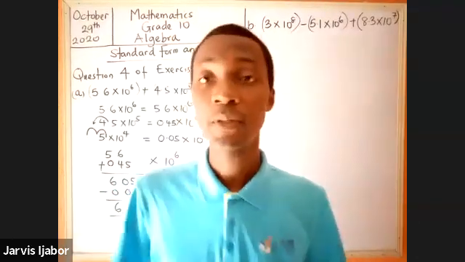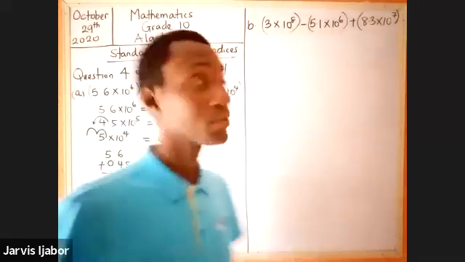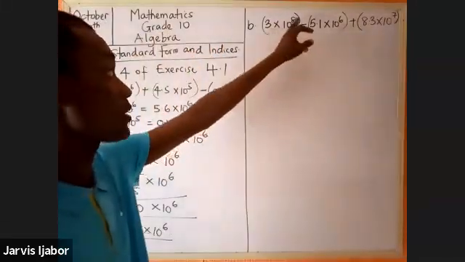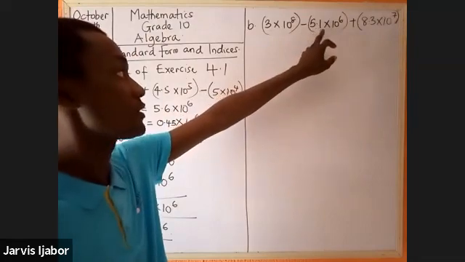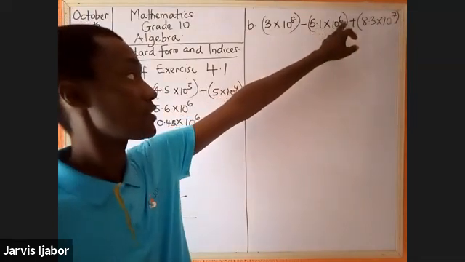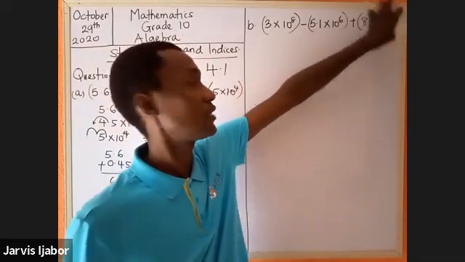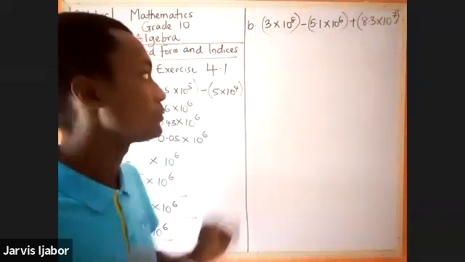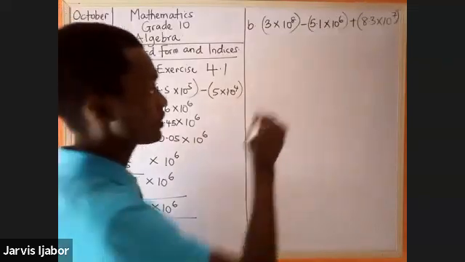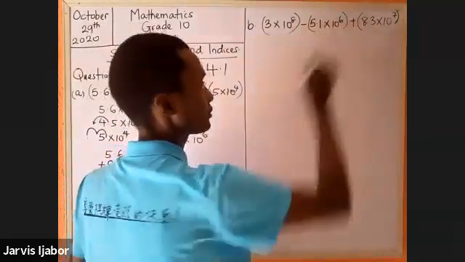So let's continue. We go to the second question. It says 3 times 10 raised to the power of 8 minus 5.1 times 10 raised to the power of 6 in brackets plus 8.3 times 10 raised to the power of 7 in brackets. Now, if you notice, this is subtraction, this is addition.